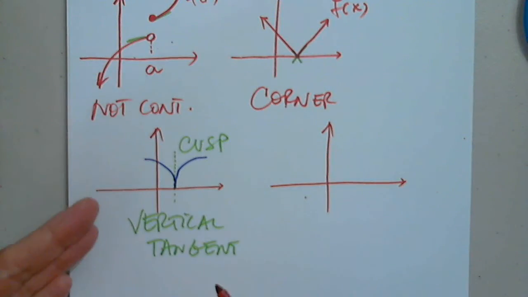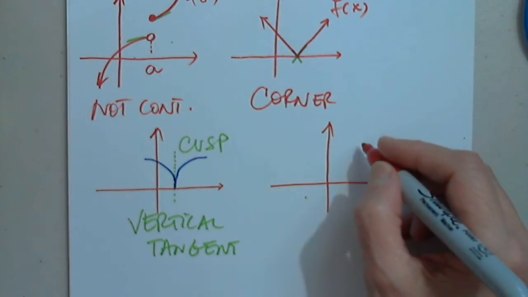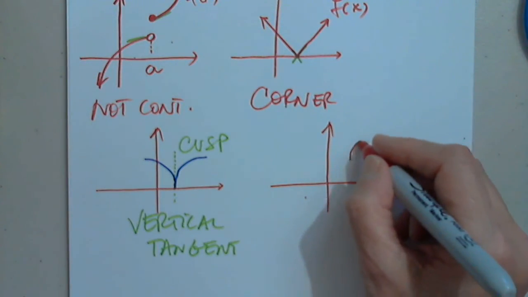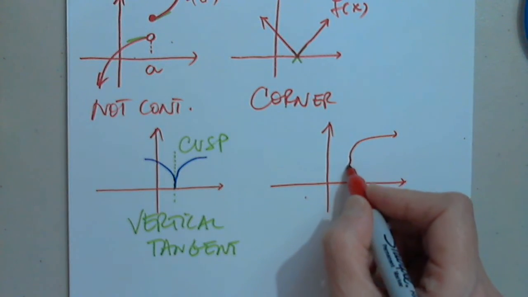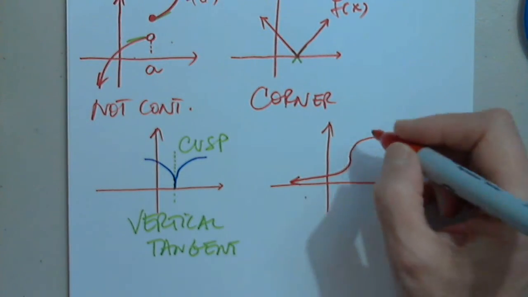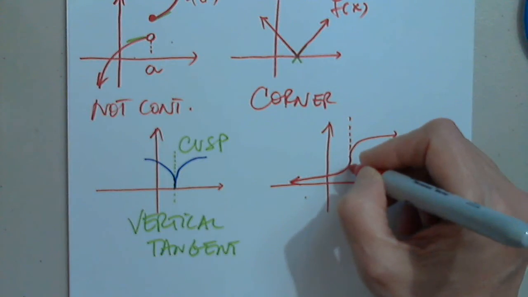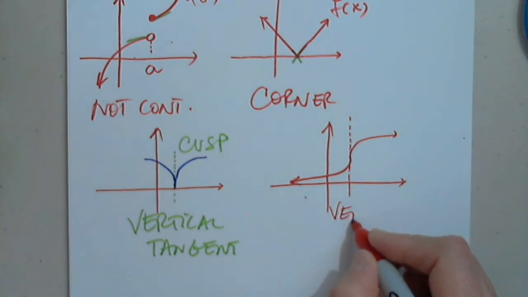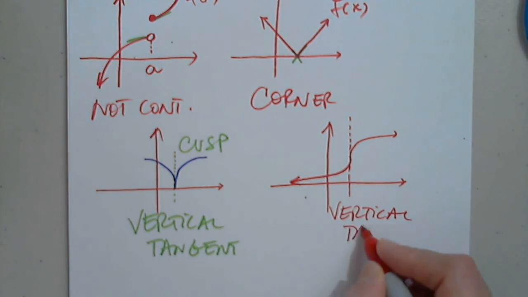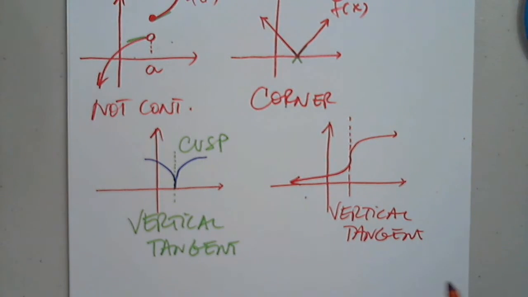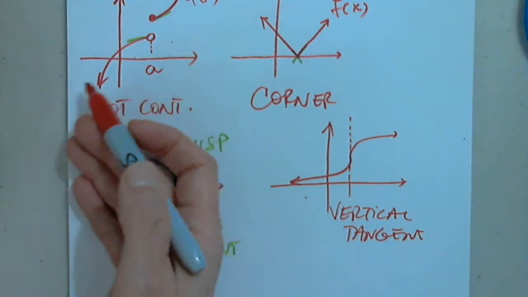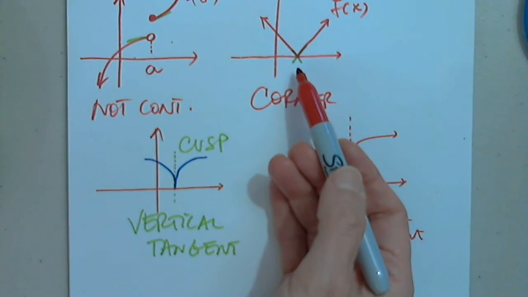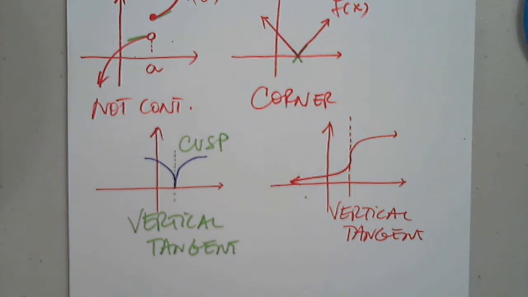You don't have to call this one vertical tangent, but that's what it is. So here it is: vertical tangent. The vertical tangent has slope undefined. Here, two different tangents. Here, two different tangents. Okay.